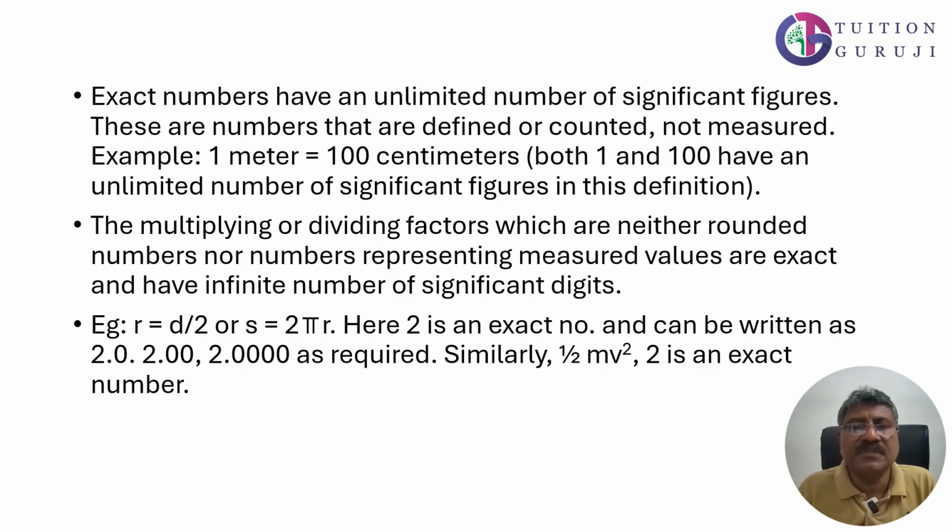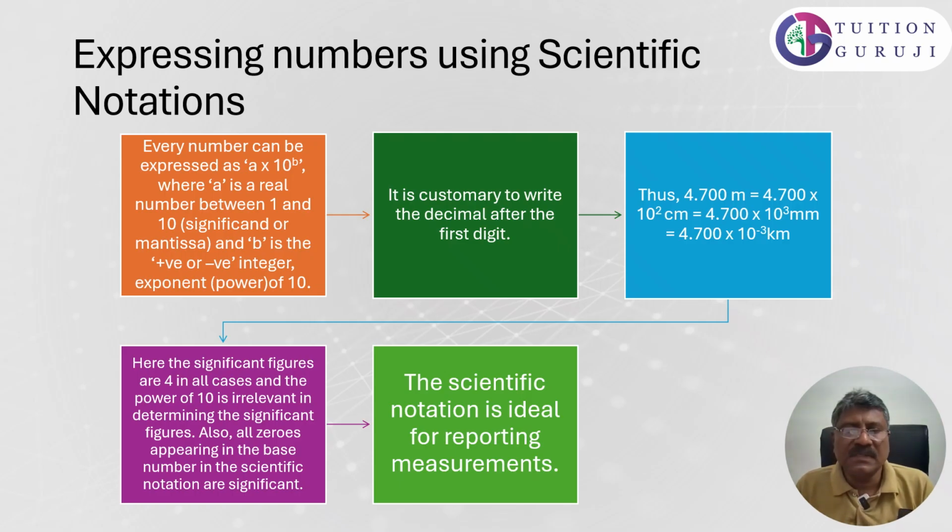Now let us see how numbers are expressed using scientific notation. Every number can be expressed as a × 10^b, where a is a real number between 1 and 10, called the significand or mantissa, and b is a positive or negative integer exponent.